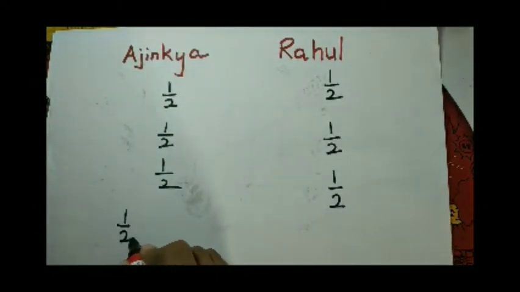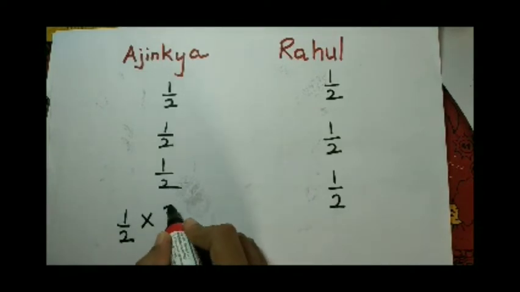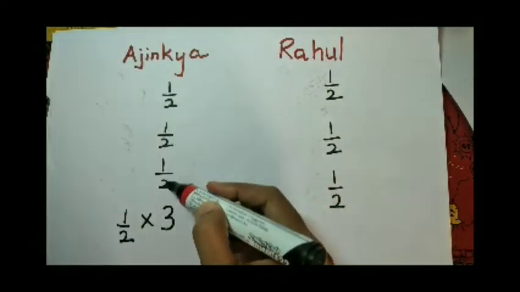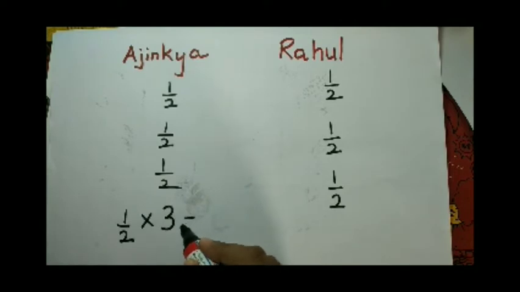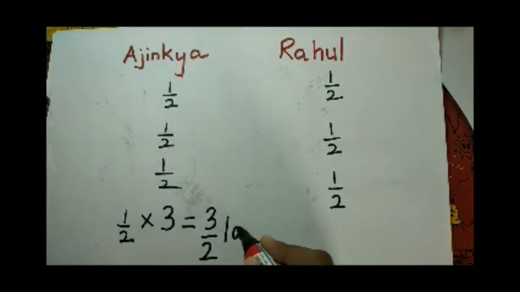So each person will have half multiplied by 3, that is 3 halves, that is equal to 3 upon 2 laddus. So Ajinkya will get 3 upon 2 laddus.